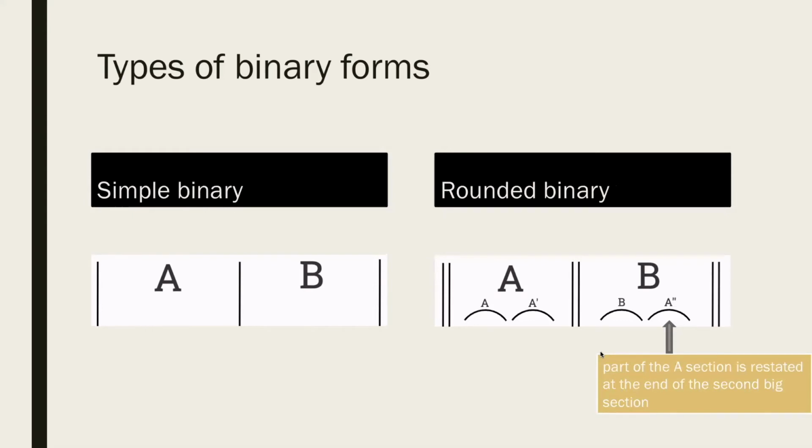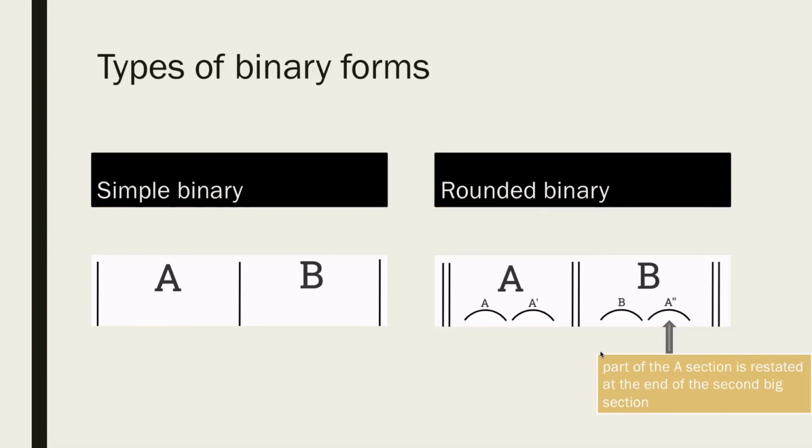So the main model that I showed you, where it's just A and B, we refer to that as simple binary when the B section has no recurrence or restatement of the material that had occurred in the A section. However, it is quite common to actually restate a part of the A section at the end of the big contrasting second section.